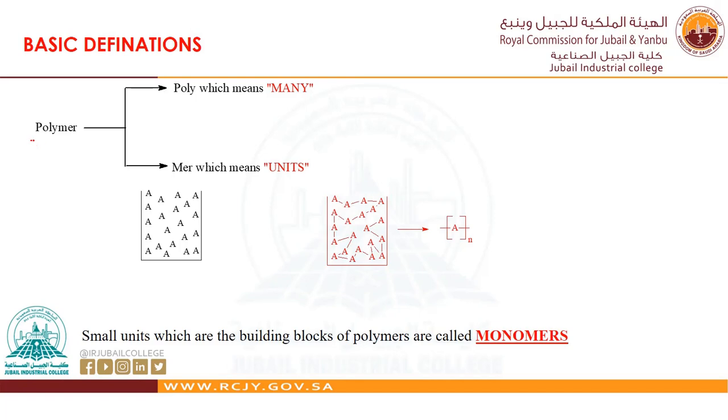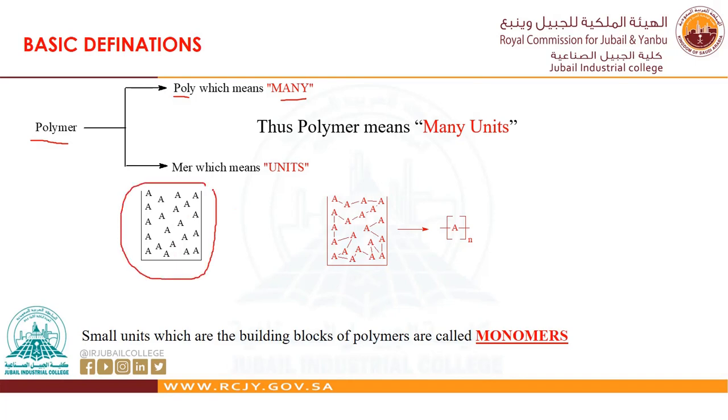The word polymer is a Greek word that is derived from poly, which means many, and meros, which means unit. Thus, by definition, polymers mean many units. For example, here we have this container containing many units of A, but these units of A are not connected.